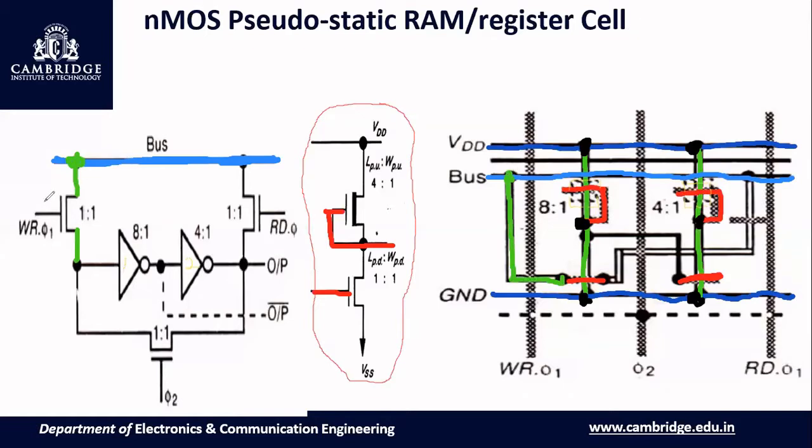You know that by crossing poly and diffusion we get a transistor. The control signal is WR.5. One end of the pass transistor is connected to the bus, and the other end is connected to the input of the first inverter.